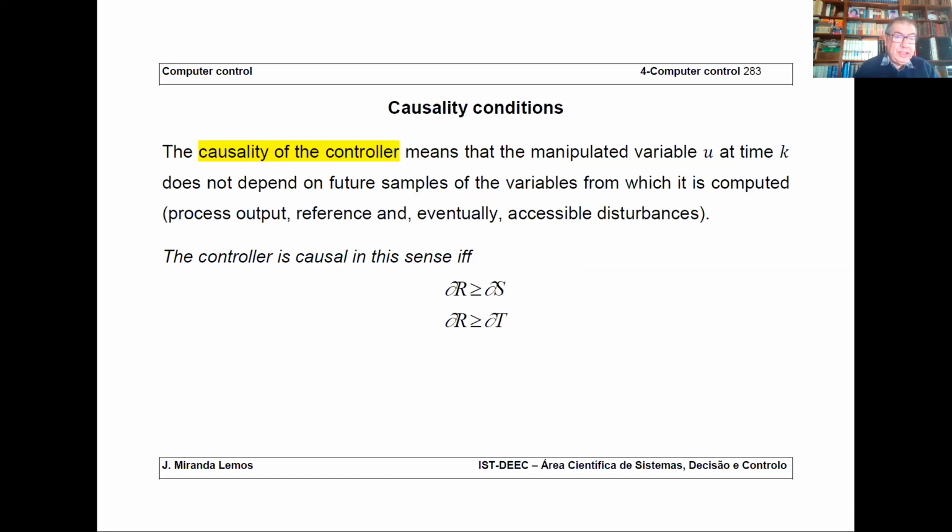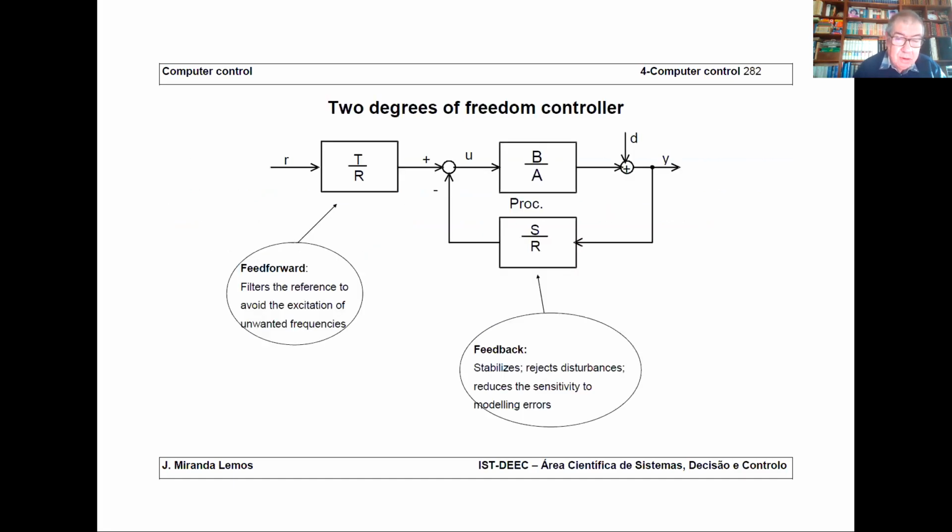Now, one thing that you want is that your controller is causal. So causality means that the manipulated variable u at time k does not depend on future samples of the variables from which it is computed. So the output, possibly accessible disturbances that you can use to improve your controller. For this to happen, let's see again the block diagram.